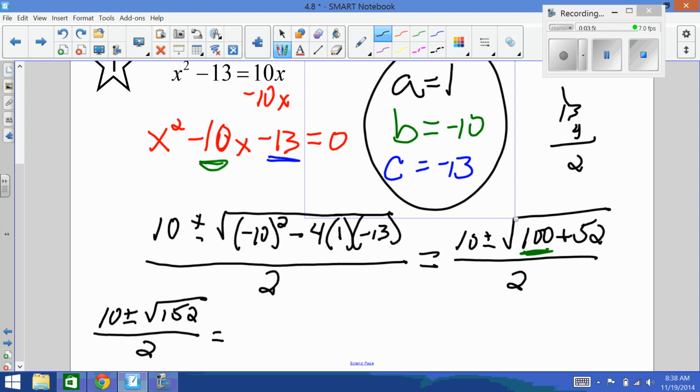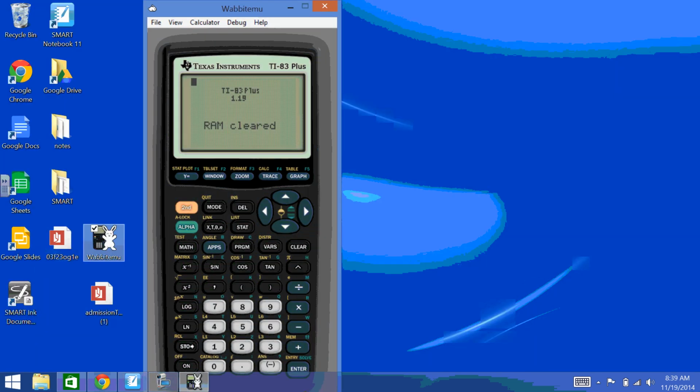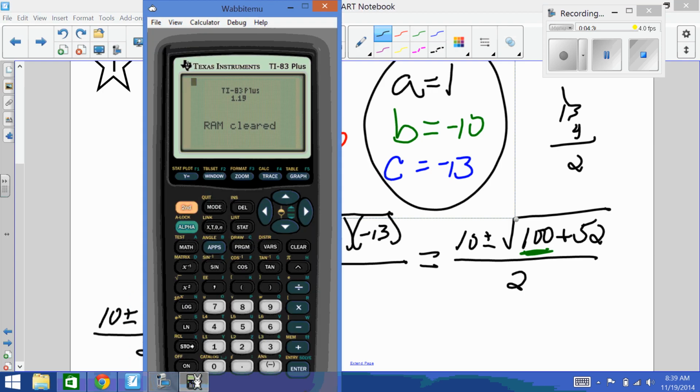Let me get a calculator. All right, so we want to do the square root of 152.